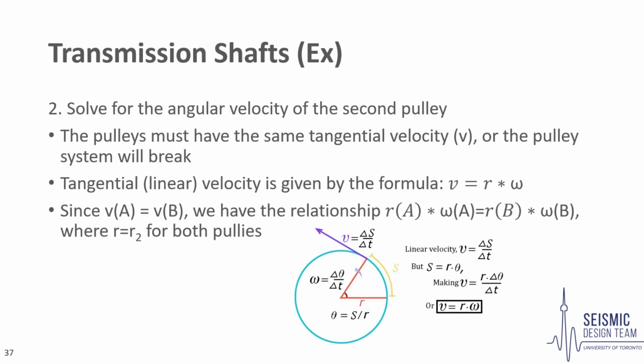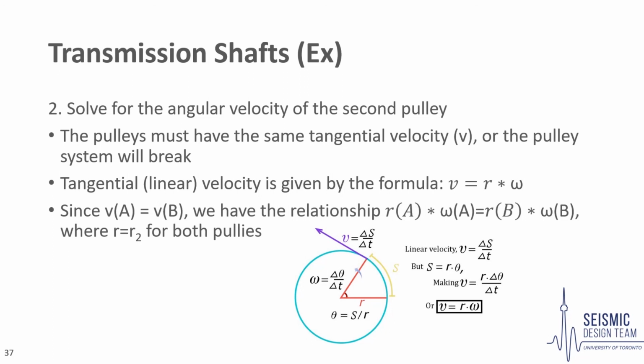As both pulleys are connected to what we assume to be a rigid cable, the pulleys must have the same tangential velocity, denoted by v. V is equal to the radius multiplied by the angular velocity. Since the tangential velocity of both pulleys must be the same, pulley A's radius multiplied by pulley A's angular velocity must equal pulley B's radius multiplied by pulley B's angular velocity.